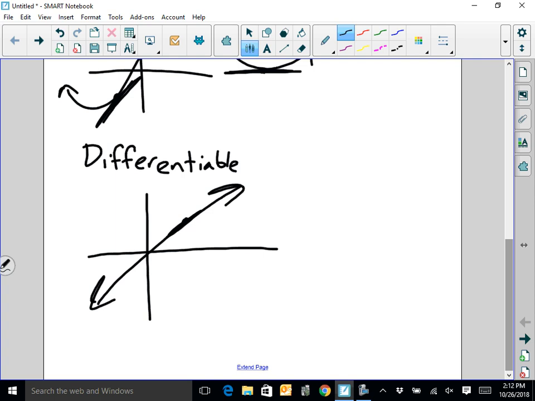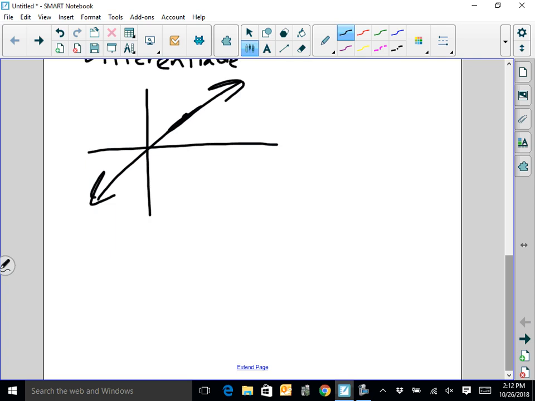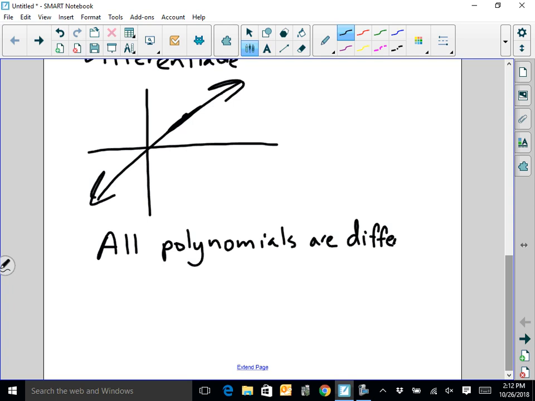In fact, all polynomials are differentiable. So if I had 8x to the 6th plus 3x squared minus 2, I know right away that's a polynomial. It's differentiable. I can do the derivative anywhere I want.